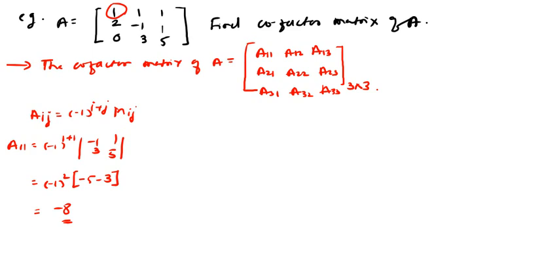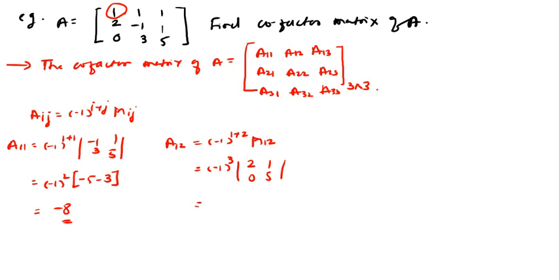Similarly we can find the entry A12, which is equal to minus 1 raised to 1 plus 2 into M12, which is equal to minus 1 raised to 3 into the minor of the element A12. A12 is this element, and for its minor, hide this column and the row. Whatever determinant we get, just solve it, and the determinant will be 2, 0, 1 and 5.